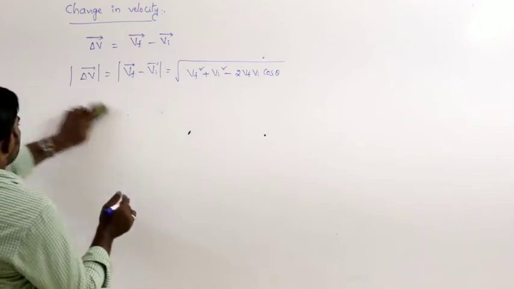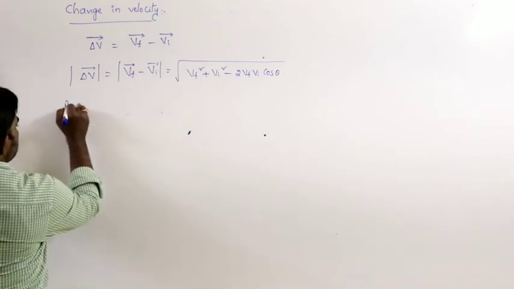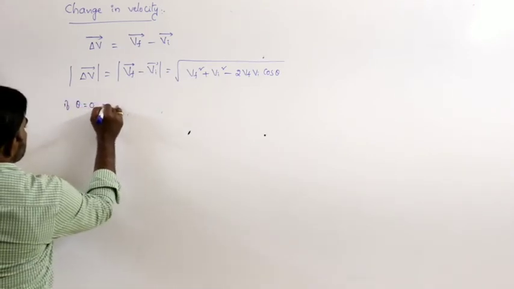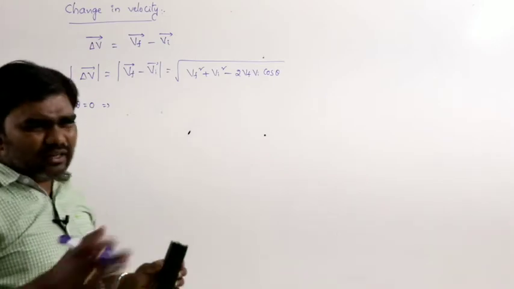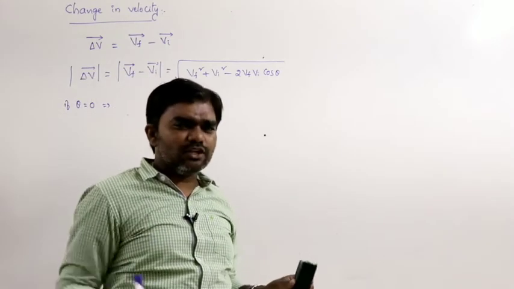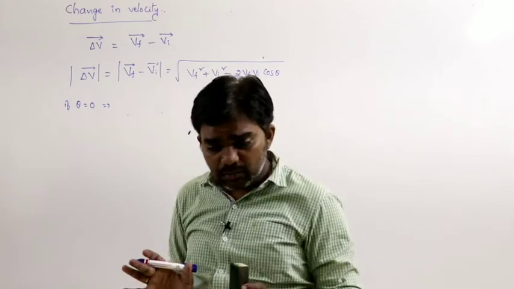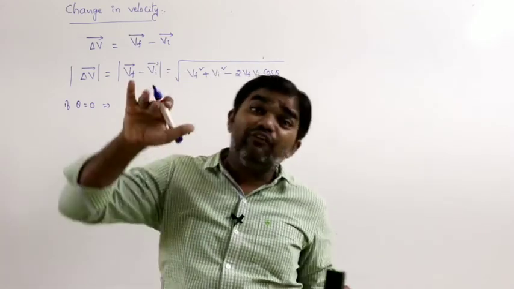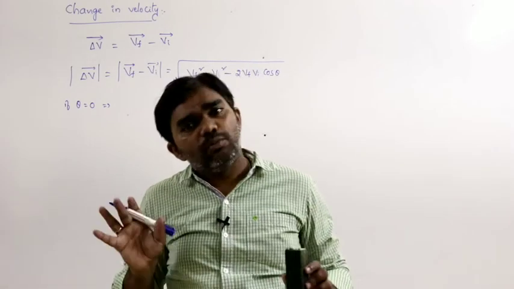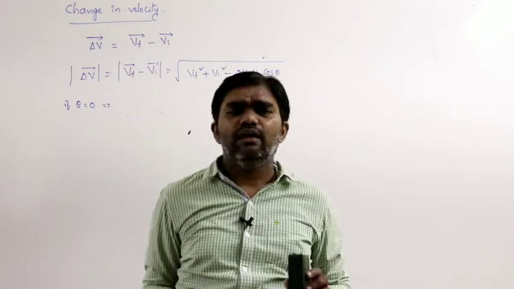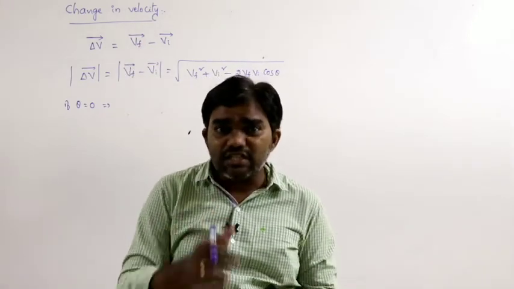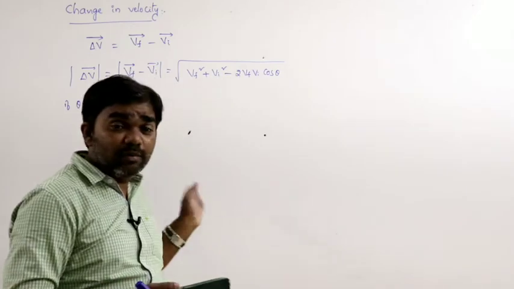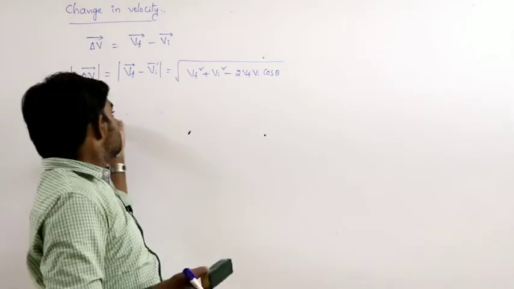Change: if theta equals 0, that means the initial and final directions of the body are the same. For example, initially the body is moving towards east, and after a certain time the body is still moving towards east. The direction does not change, so the angle between initial and final direction is 0.